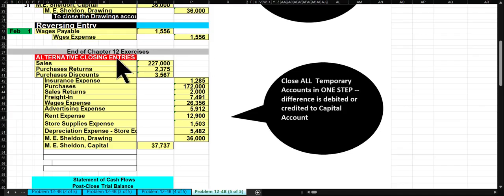So in this particular problem, we had one such account, the wages payable. Recall that we recorded a debit to expense for the expenses that occurred in the month of January, but will not be paid until the following period. So we are reversing that, taking it out of the payable and crediting it to the expense.